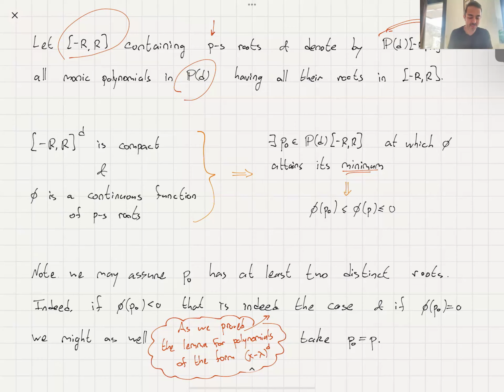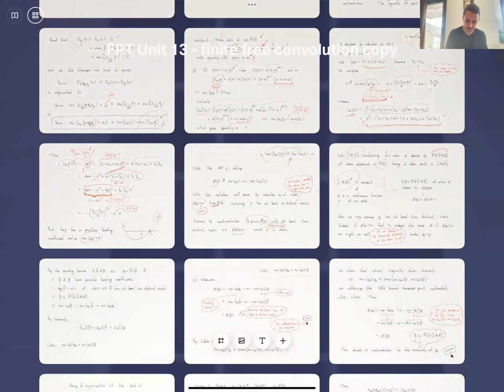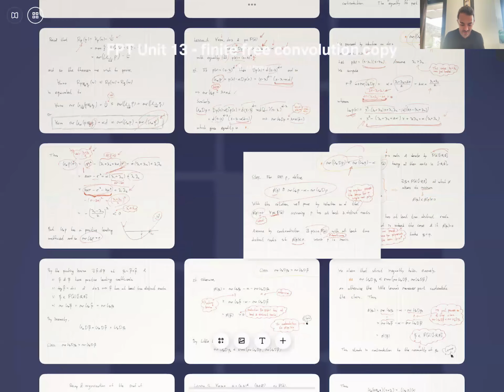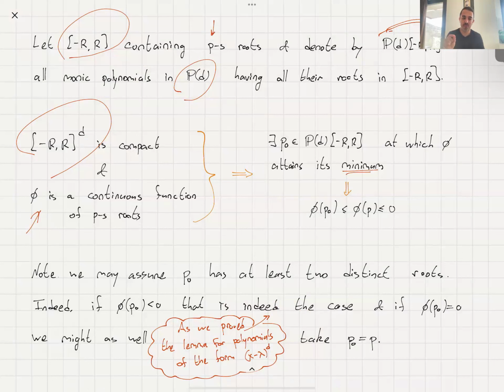So the point is that this set is a compact set, right? It's closed and it's bounded. For us, that would be enough. So it's a compact set. And if you think about it, phi, which takes a polynomial and outputs the max root of U alpha P minus alpha minus the max root of U alpha DP, is a continuous function in the roots of P. Think about it for a second.